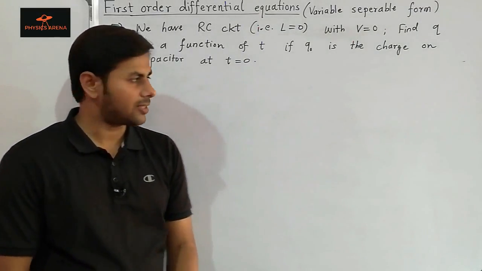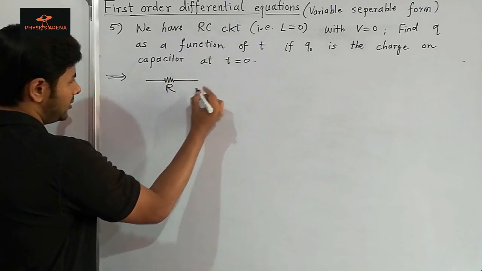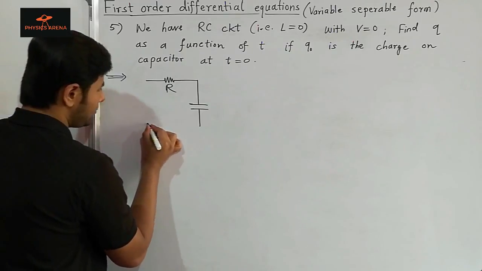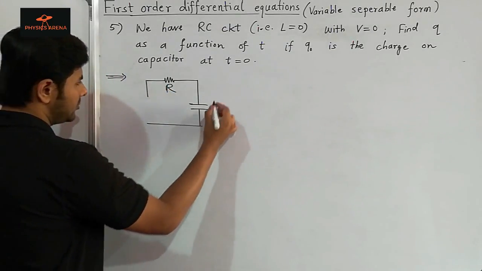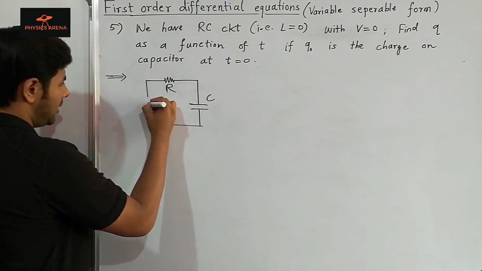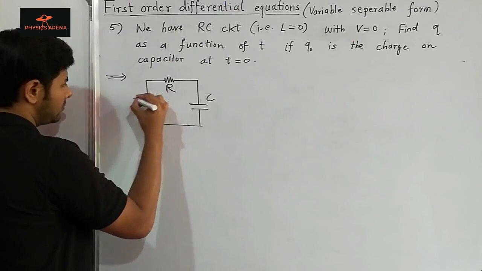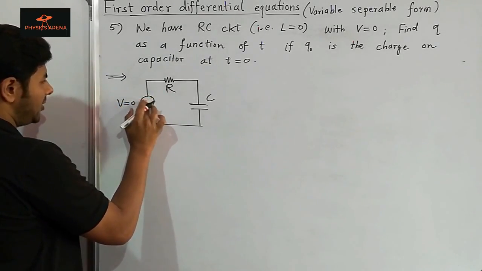So let's draw that circuit. We have an RC circuit, so we have a resistor, we have a capacitor, but we don't have an inductor. So this is R, this is C, and this is the applied voltage, which is V equals 0, and it cannot be sinusoidal.